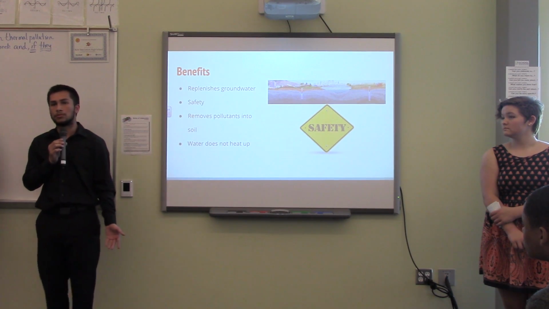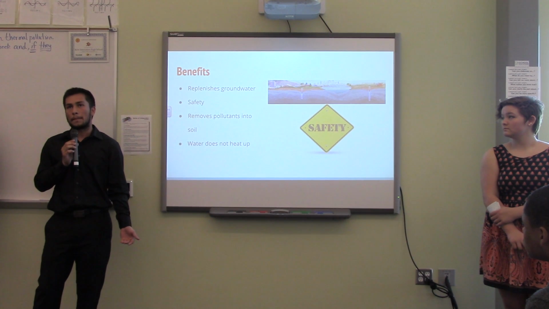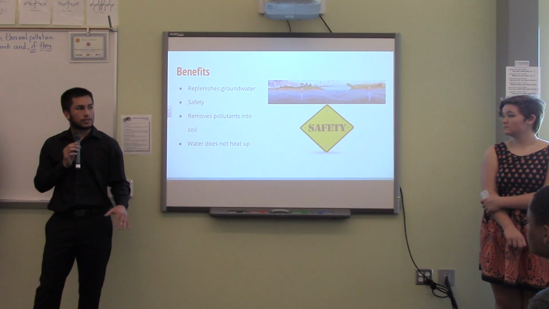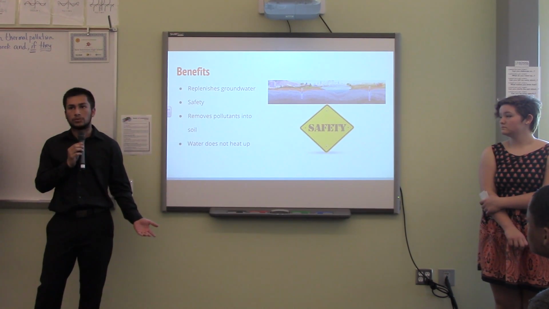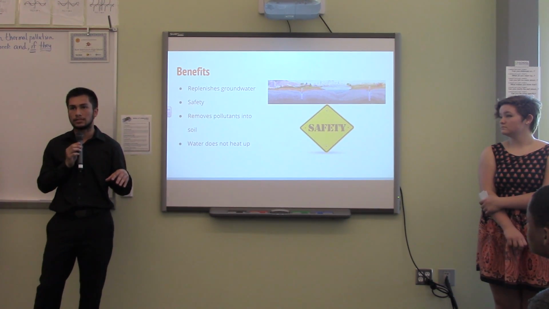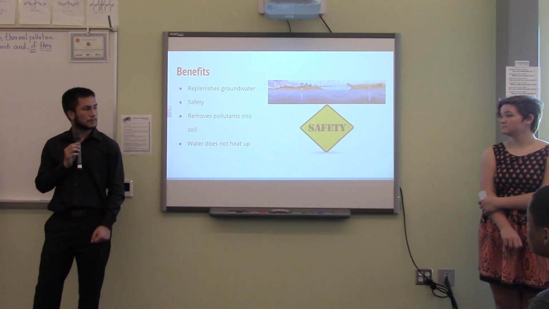It removes pollutants, such as any leakage, like around chemical plants. It would go into the ground and not go into our storm drains. And then relating to thermal pollution to our project, water does not heat up because the pervious surfaces would have holes inside them that would let the water go through.